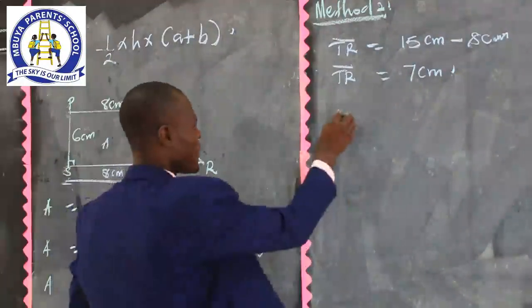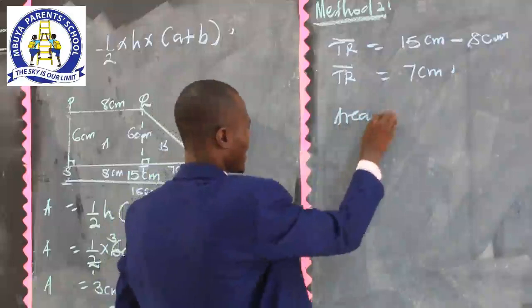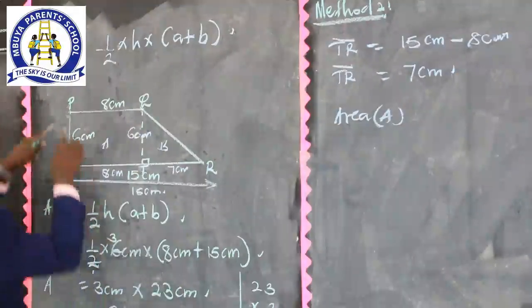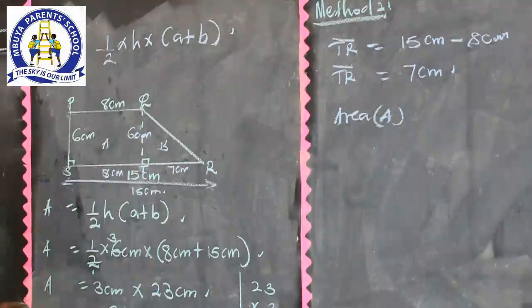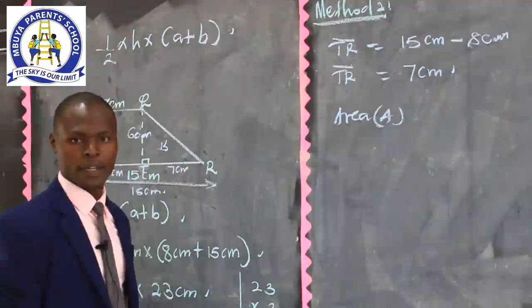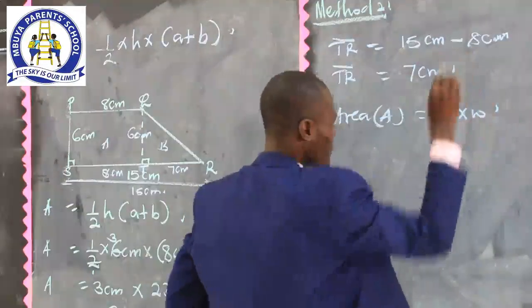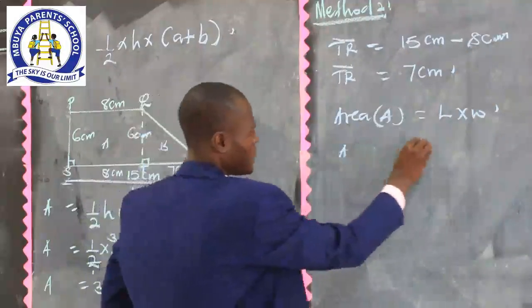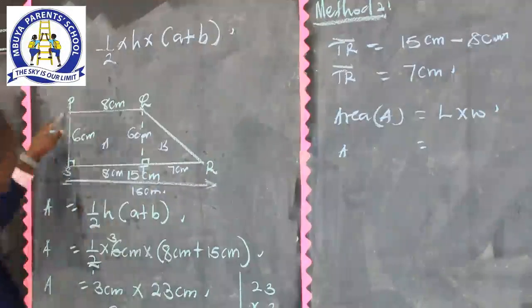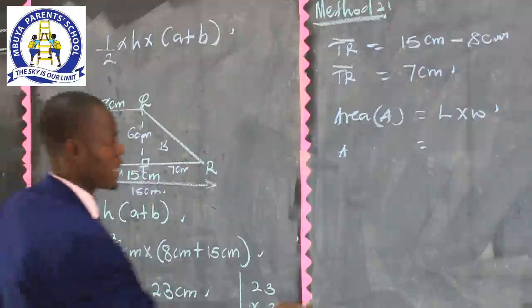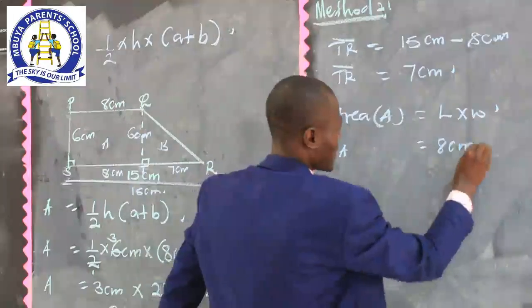Let's do it together. The first one, it is the area of A. If you look at it, it is a rectangle. How do we get the area of a rectangle, class? Good. That is length times width. I love it. What's our length? Good. Our length is 8 centimeters.